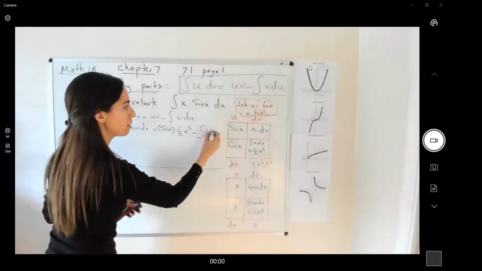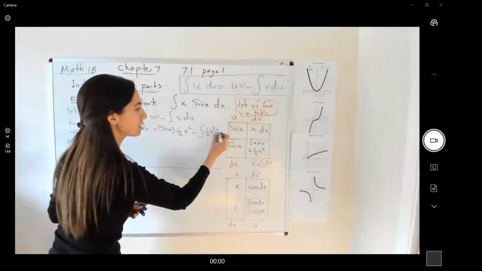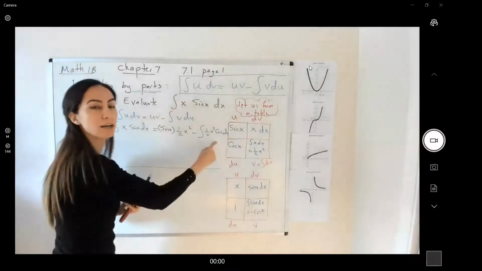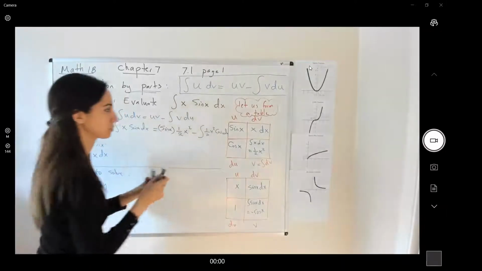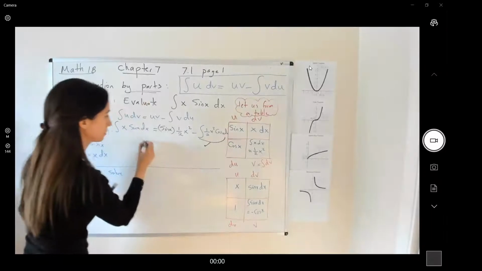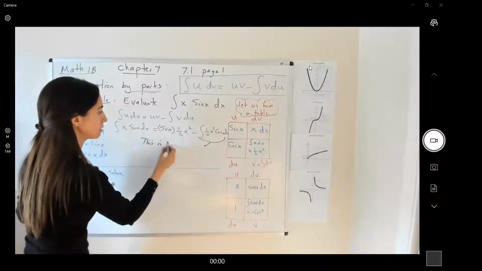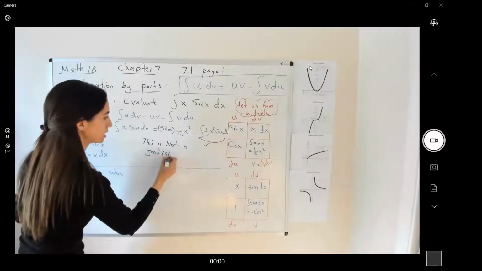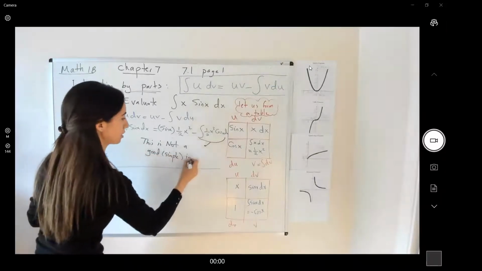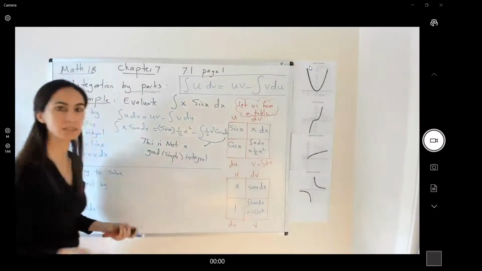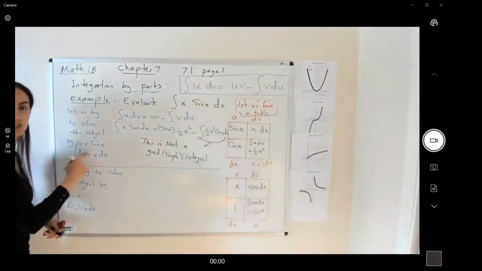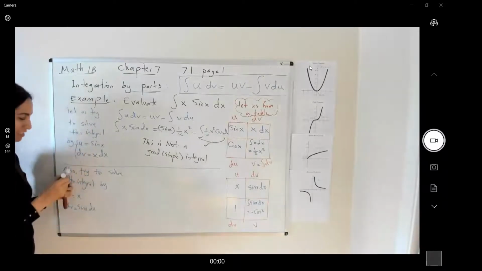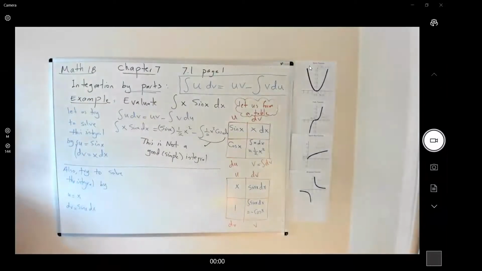Okay, I got a more complicated integral. This is not a good sign. This is not a simple integral. So what's the meaning of that? It means that this is not a good choice for u and dv. Cross it out.